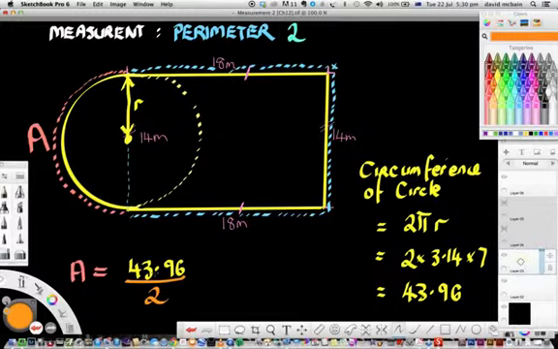And in doing so, the answer is going to be 21.98. So we now know that this orange distance is 21.98.